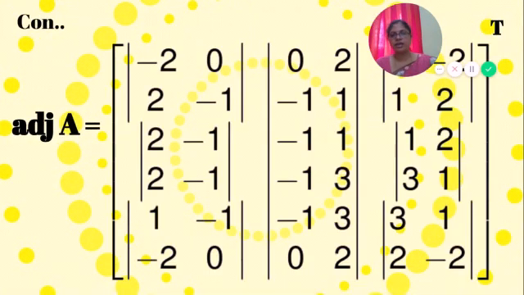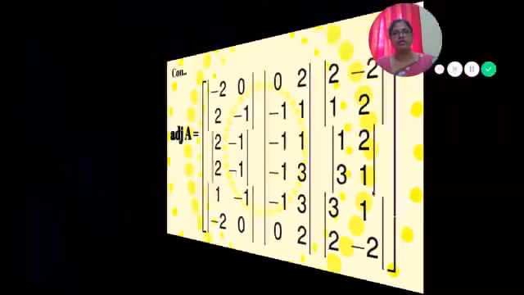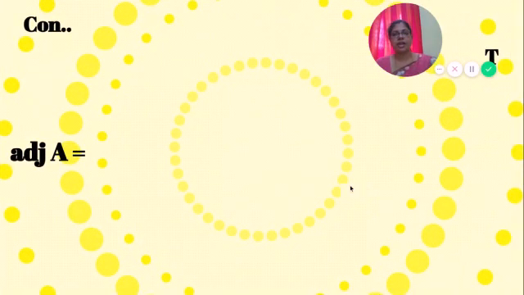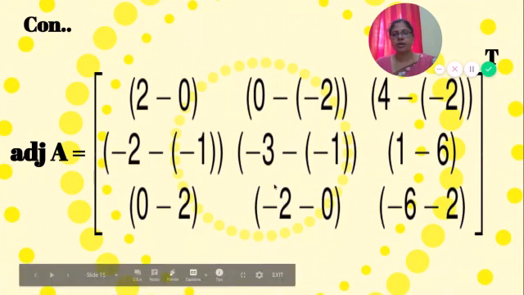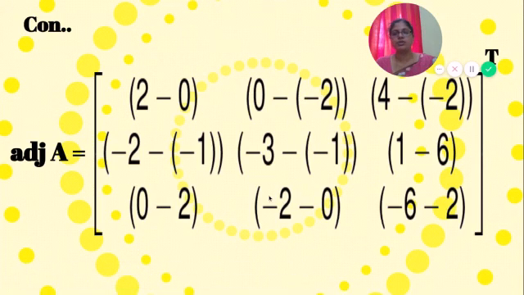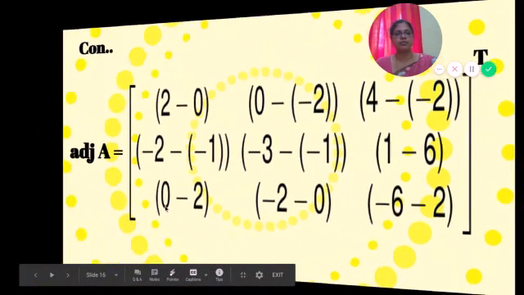So we are getting the elements this way, and after calculating the determinants, I am getting the values 2 minus 0, 0 minus of minus 2, 4 minus of minus 2, minus 2 minus of minus 1, minus 3 minus of minus 1, 1 minus 6, 0 minus 2, minus 2 minus 0, minus 6 minus 2, the whole transpose.